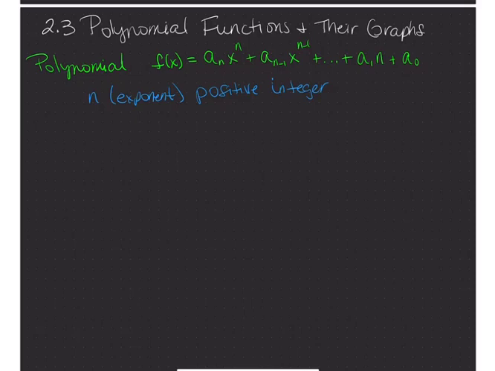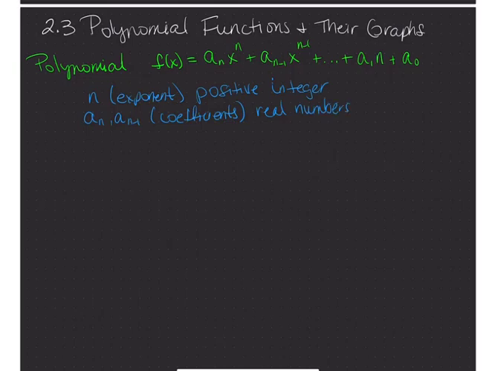And the numbers out front, the a sub n and a sub n minus 1, all of those, which we call our coefficients, they are going to be real numbers.